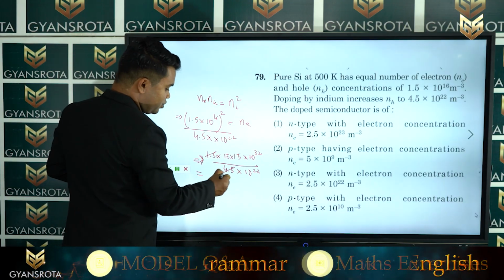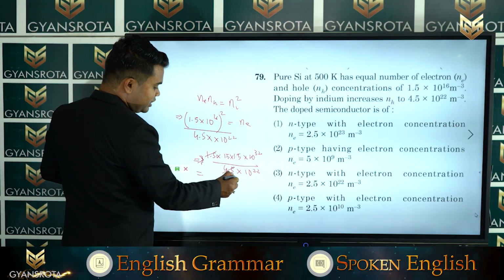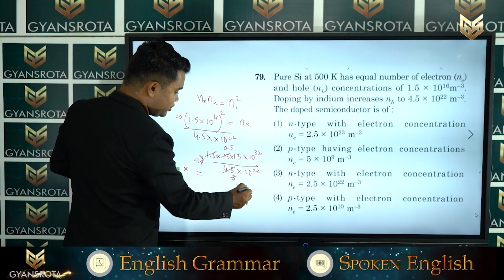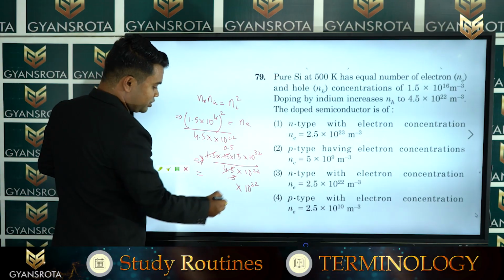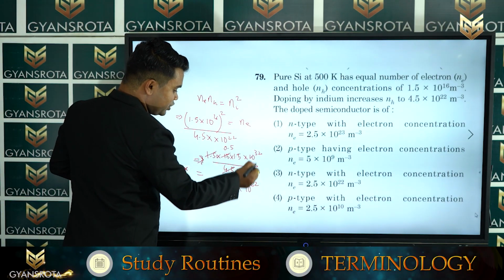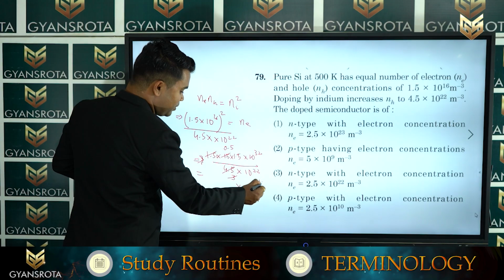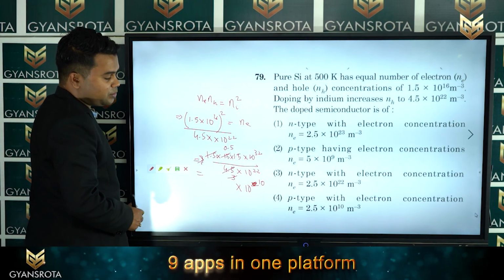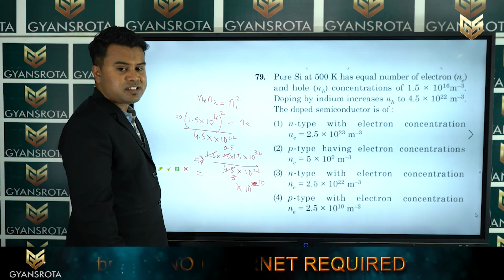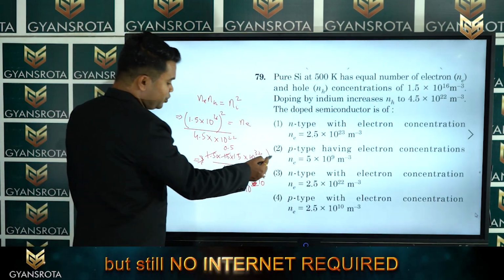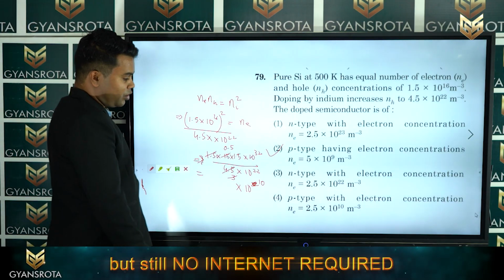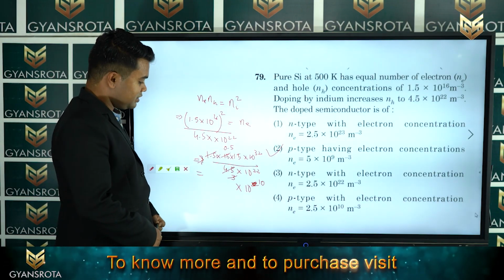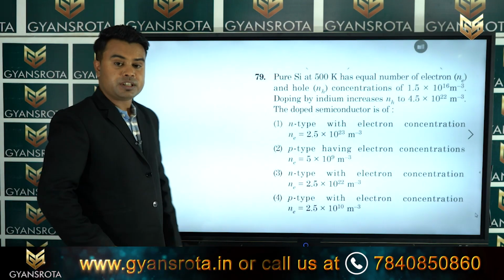So 1.5 goes 3 times, then 3 goes 0.5 times, and this one goes up, 10 to the power 32 minus 22, which is 10 to the power 10, and 0.5 into 1.5 you just have to calculate. So your final answer will be option number 2 if you calculate. Okay, option 2 is your right answer. Please see to it and find the answer. So this is all for this question.